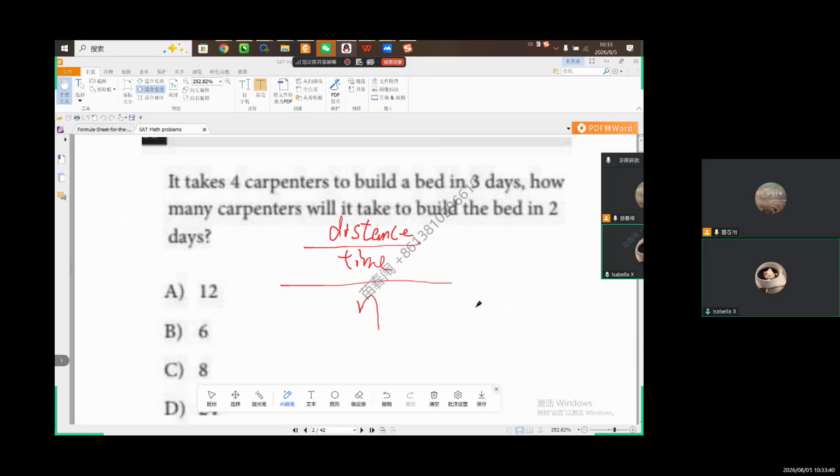I was confused. Yeah, we're all confused at first. We don't know this one could also be counted as 1, and then we have to divide it. So the key is the rate is the same, right? We find that rate by 2 conditions, and they're the same. The rate for one person, how much one person builds in one day.